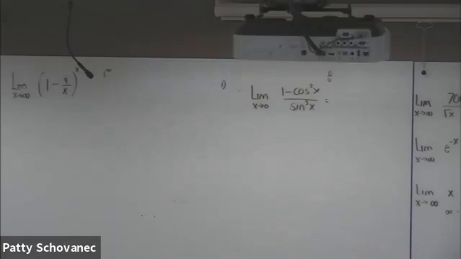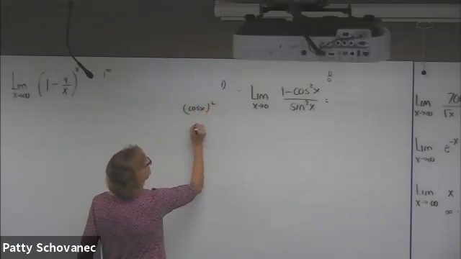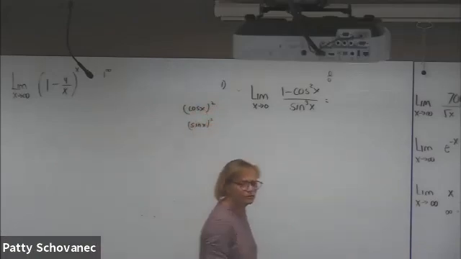Cosine squared, that. Sine cubed means this. So you've got the power rule and the derivative inside.